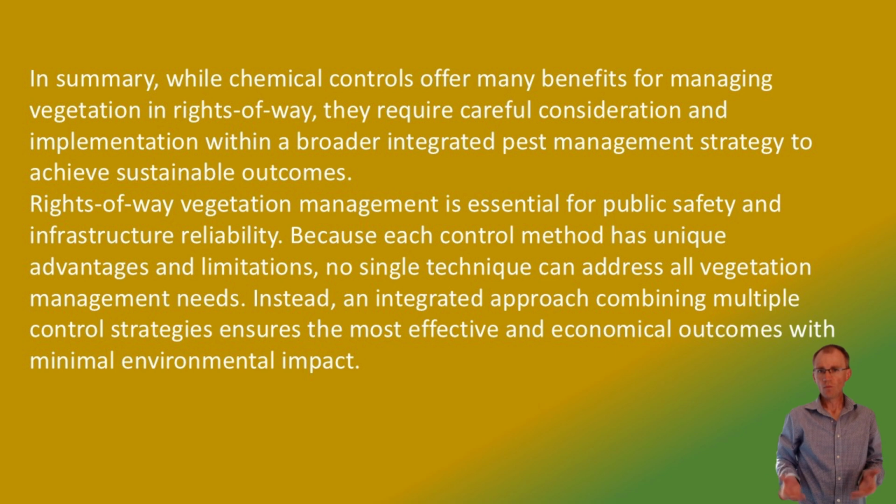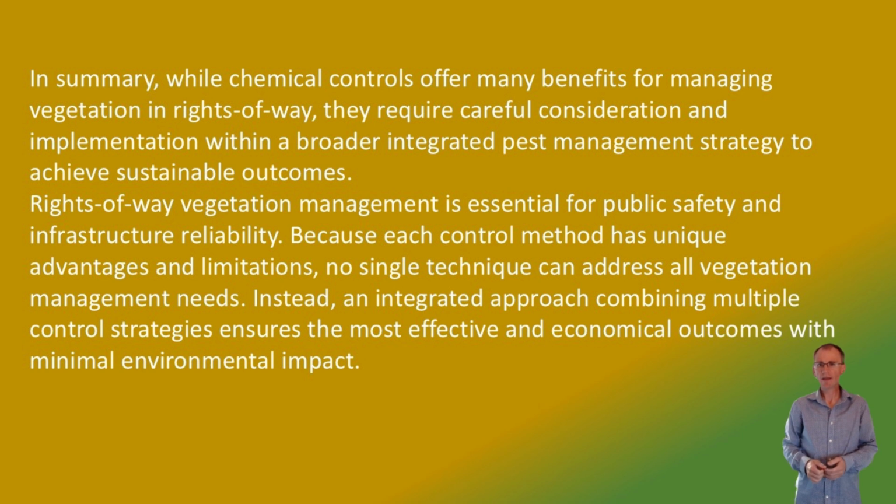In summary, while chemical controls offer many benefits for managing vegetation in rights-of-way, they require careful consideration and implementation within a broader, integrated pest management strategy to achieve suitable outcomes. Right-of-way vegetation management is essential for public safety and infrastructure reliability.